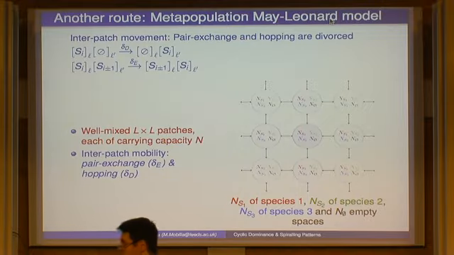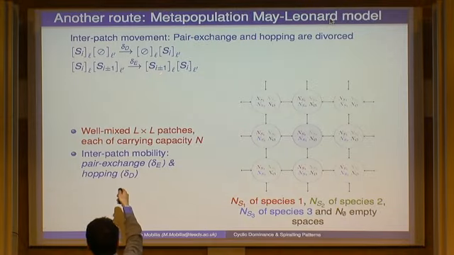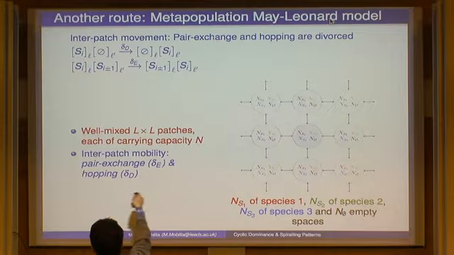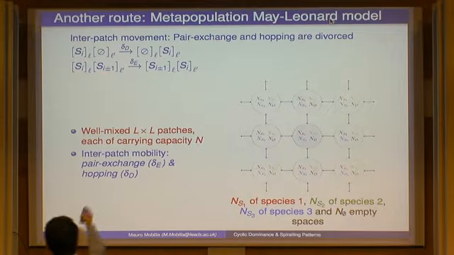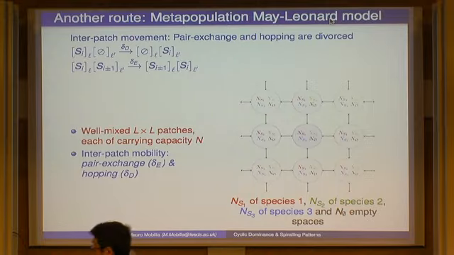So basically, if there are a lot of individuals, there are very few empty spaces. You are more likely to move according to delta E, by exchanging, rather than hopping, because you don't have space, right? And vice versa.